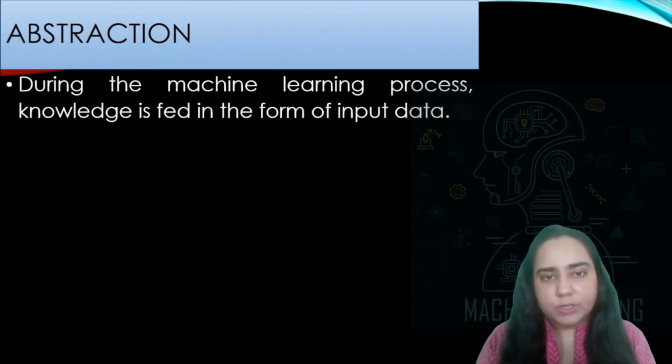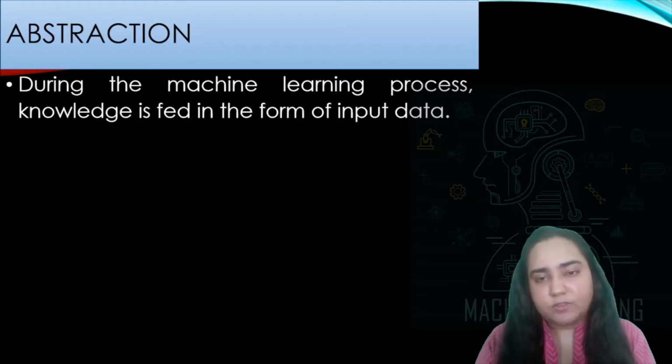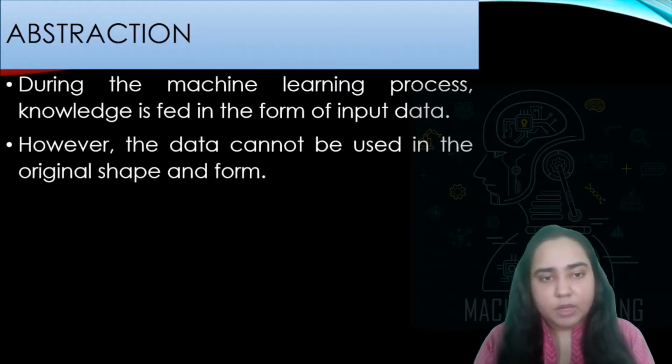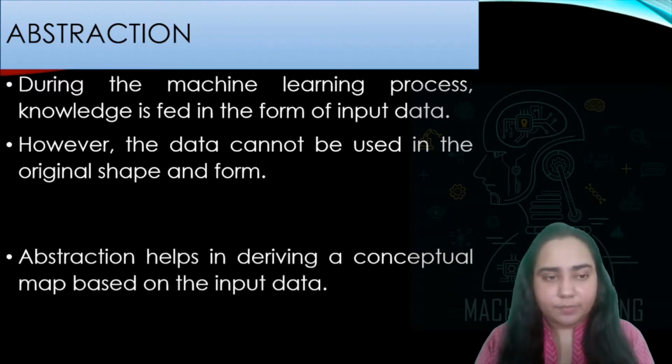So abstraction is during the machine learning process when the data is given to the machine in the form of input data. And that data cannot be used in the original shape and form. We all know that whenever the data comes in, it's not always cleaned data with the format that we want it to be in.